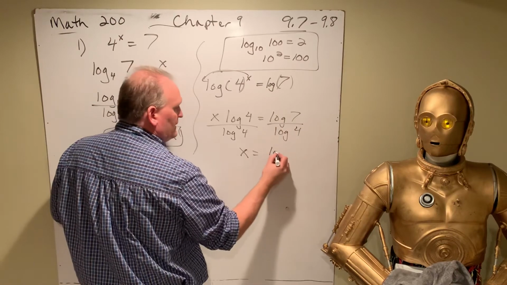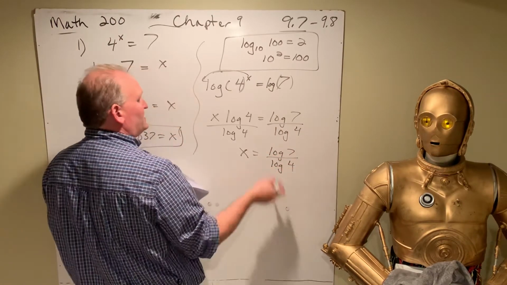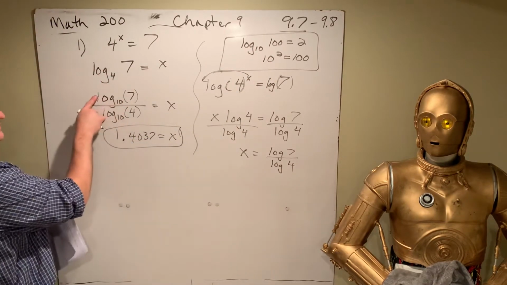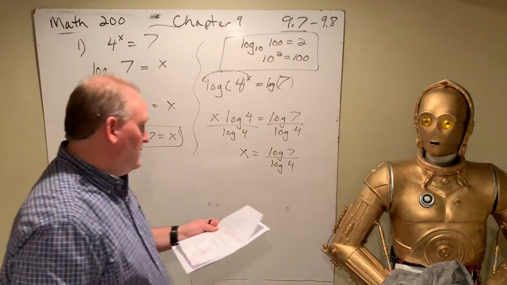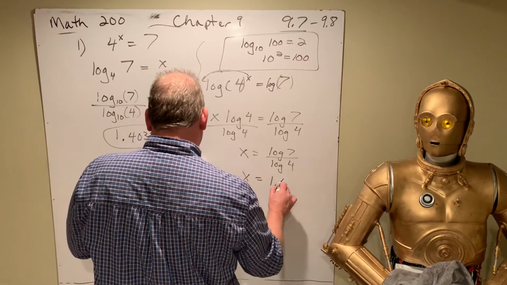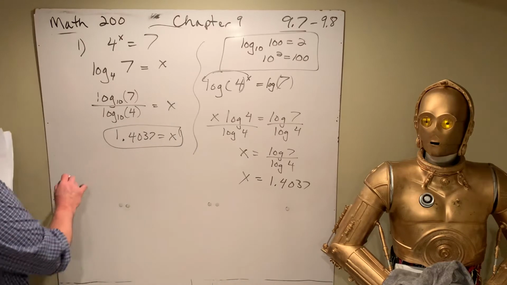That's just a different way of looking at it. Personally, I think it's more steps than just knowing the sequence to move it around. But if you look, they had log 7 divided by log 4. That's what we had there too. So either way, you're still going to get 1.4037.